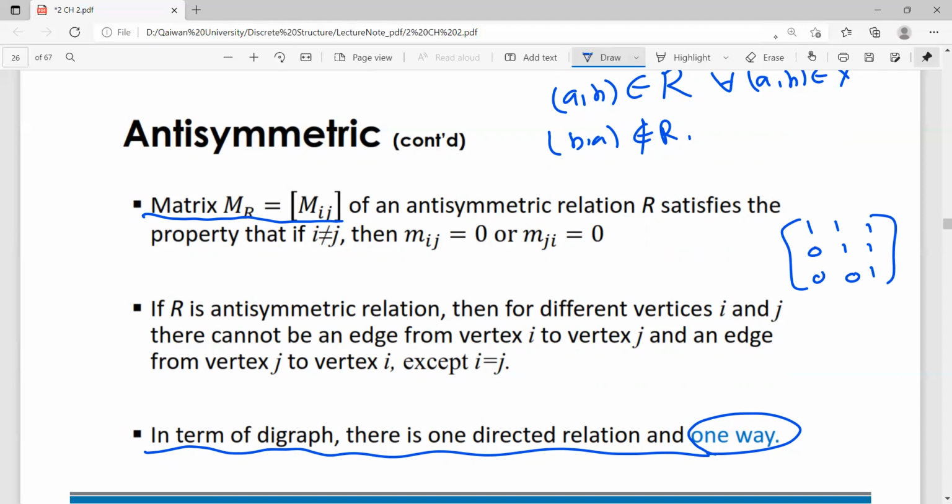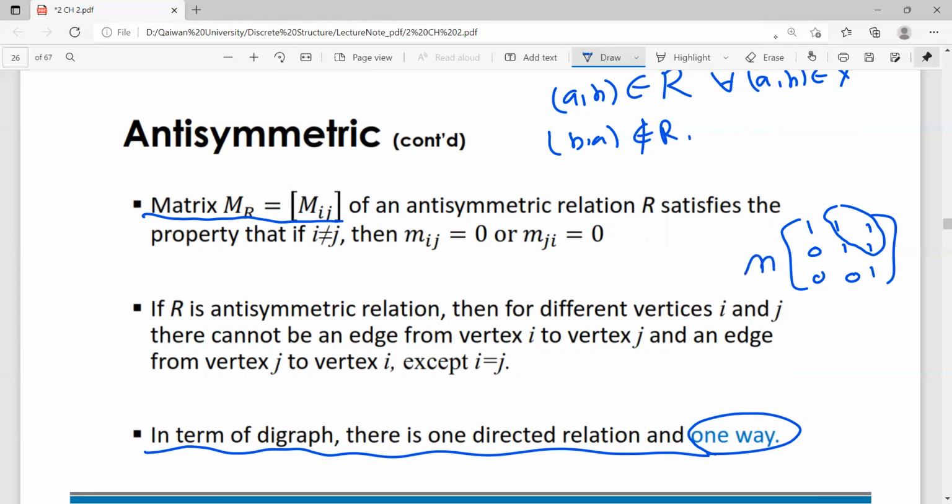This is anti-symmetric, because all the values are going to be changed except the diagonal. We don't care about the diagonal. Look, these are ones. When we find its transpose, those become zeros.